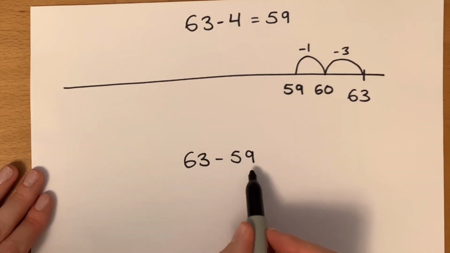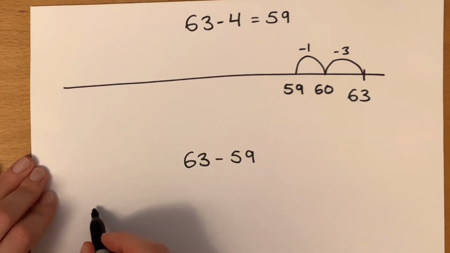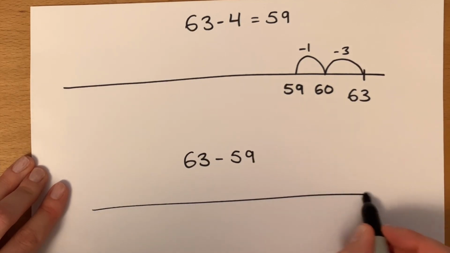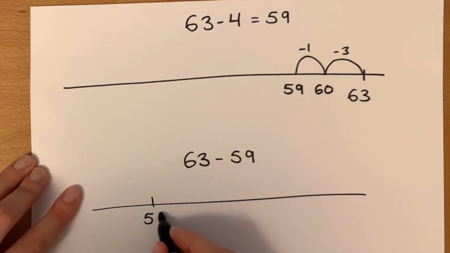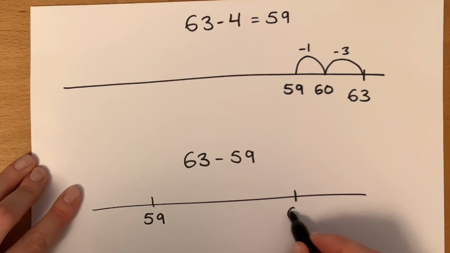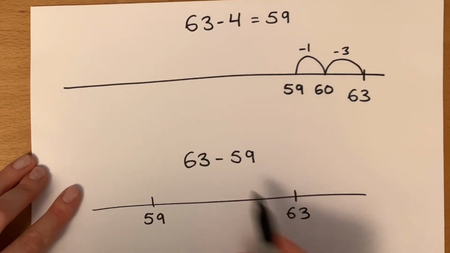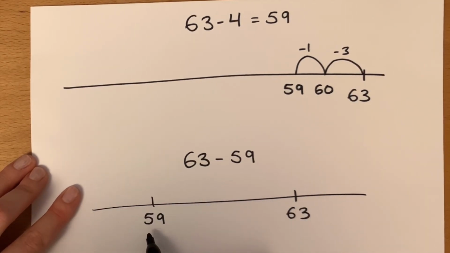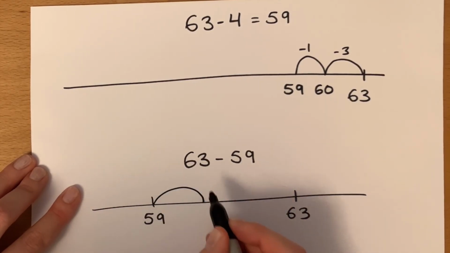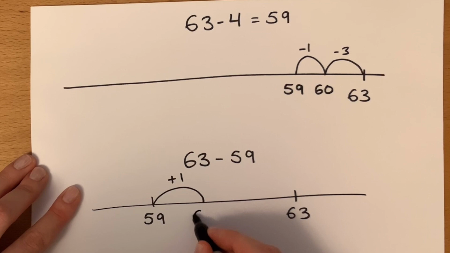Instead of taking away and counting back 59 for my strategy right now, what I'm going to do is find the difference between the numbers. I'm going to count between 59 and 63 because these numbers are really close. 59 is close to 63. So I'm going to add 1 to 59 to get to a benchmark number.